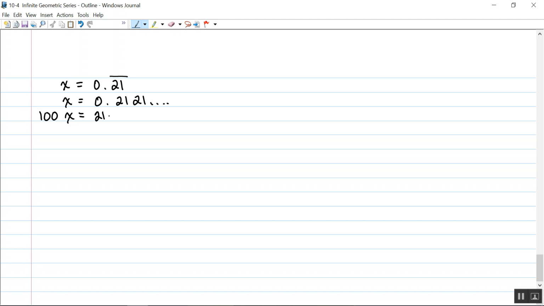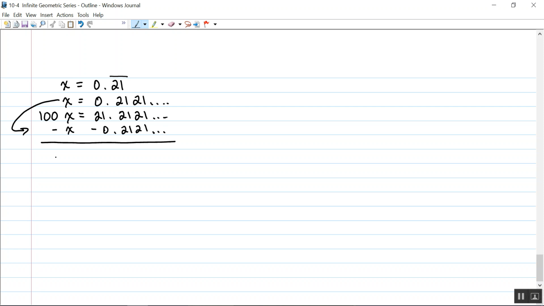So that's going to give me 100x equals 21.21 repeating, and so on. Now let's take this line of x and subtract that x on both sides, so subtract 0.2121, and so on.